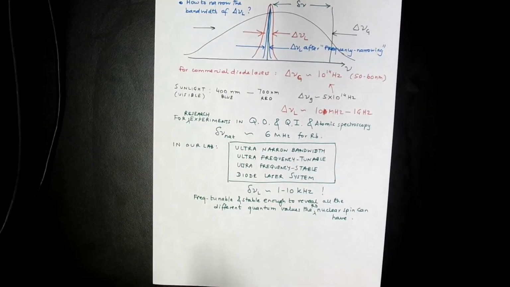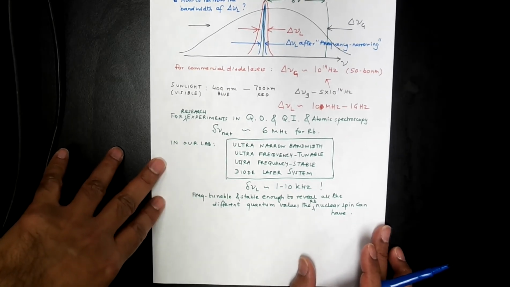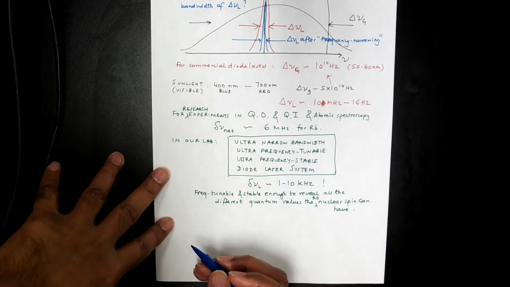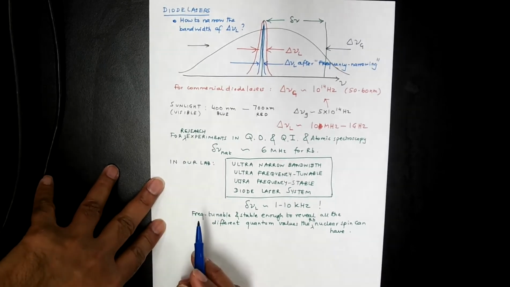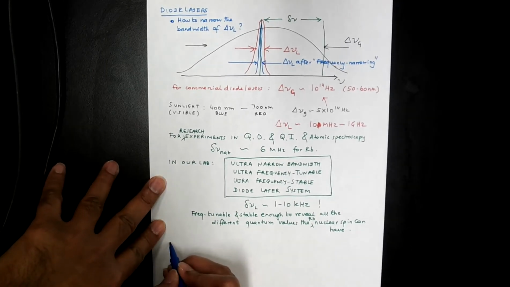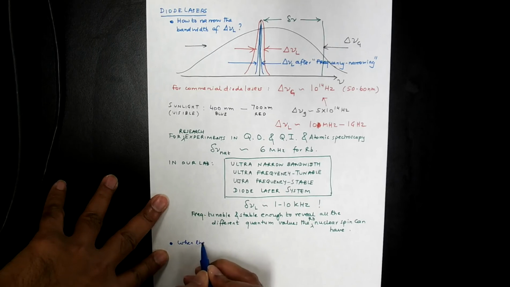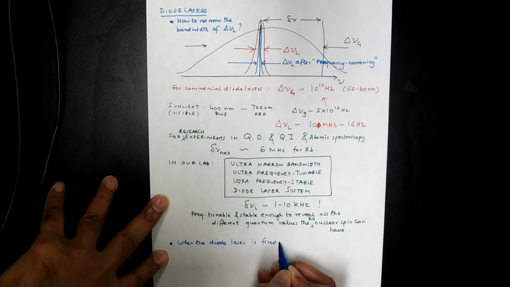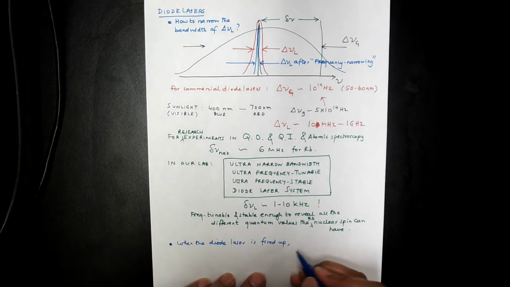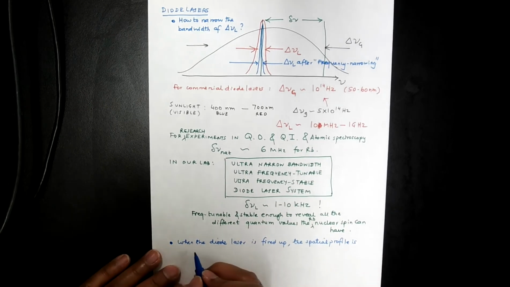The other thing that you will notice, when Kifan's making a video on how to set up this diode laser and how to narrow the bandwidth and everything, is that when the diode laser is fired up, meaning turned on, the spatial profile has two things.